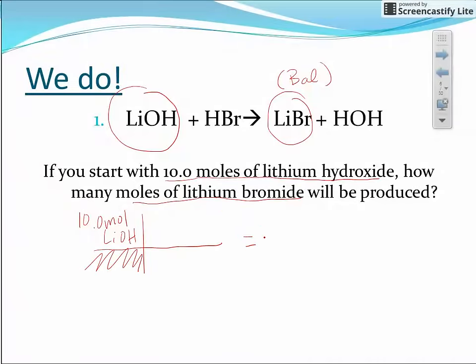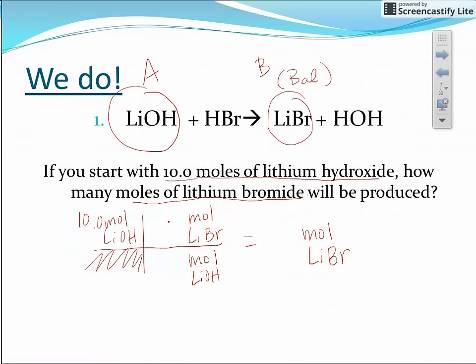And it wants us to convert to moles of LiBr, moles of B. So this is A and this is B, if you go back to the last slide. All right, so we need moles of lithium hydroxide on bottom because we need moles of lithium hydroxide to cancel. We need moles on top, and this needs to be moles of lithium bromide, LiBr.